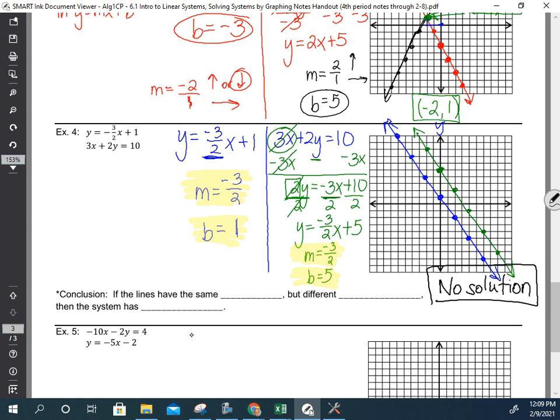There are 2 numbers up there that are exactly the same. Your slope. So that means you have the same slope. Those 2 are different, and those are your y-intercepts.